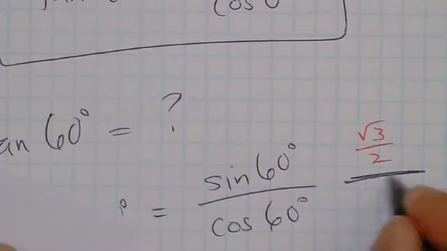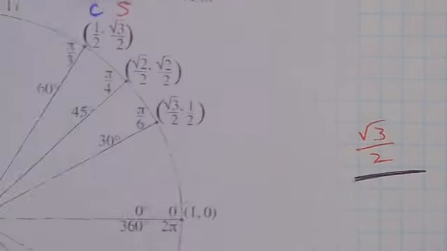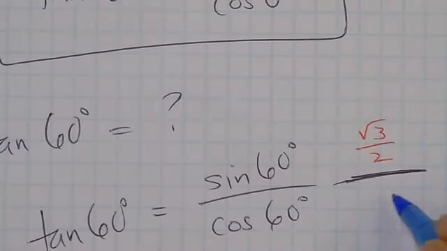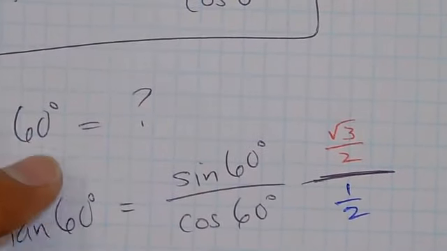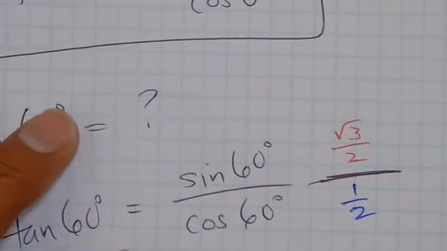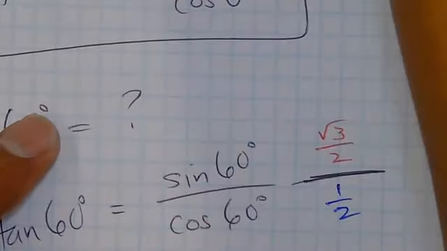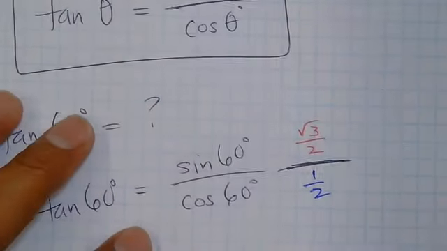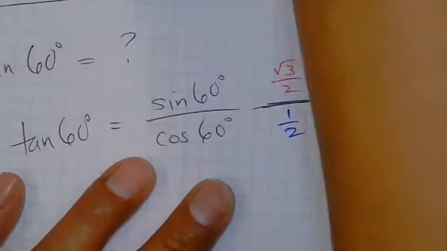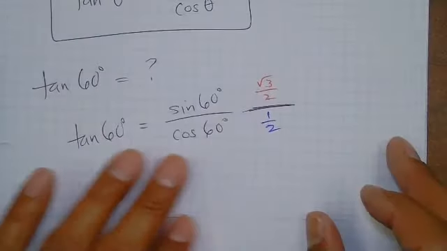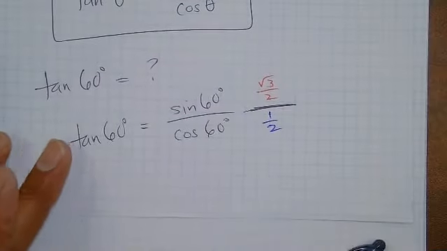Sine of 60 degrees is what? The square root of 3 over 2 divided by what? 1/2. Sir, if the root 3 is on the bottom of the graph, solve out the root 3? No, you got to do it the way we were doing it earlier. Okay, how are you going to figure that out? How are you going to finish this?